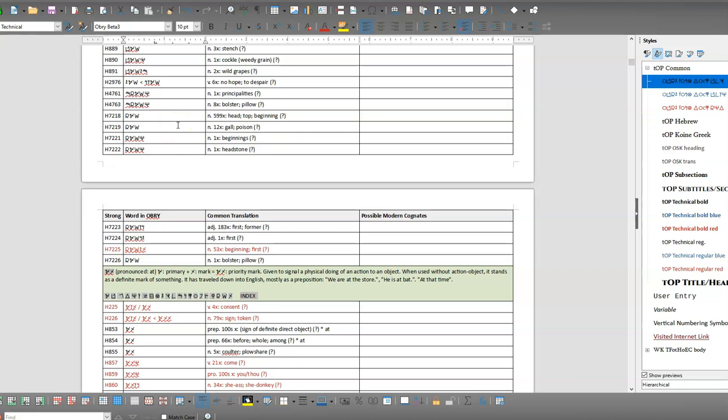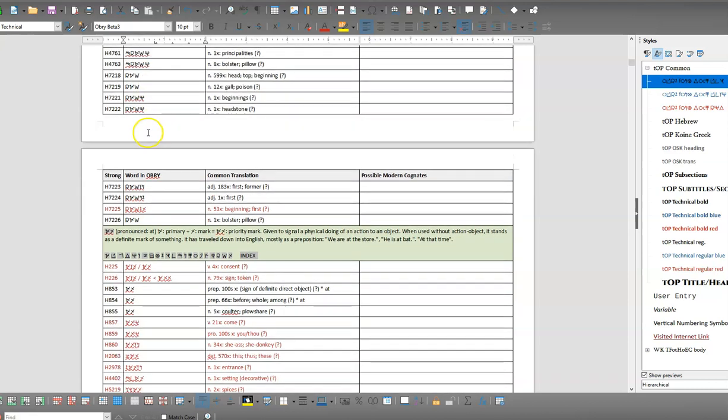If someone is being described, and something was done to a part of their anatomy, and the word Rosh is used, it does seem to be indicating their top or their head. Now, it occurs 12 times and is translated as gall or poison, which is really interesting. Don't know what that means, just telling you it appears as 12 times as Rosh. We also have 1 time Rashet with that feminine ending as beginnings. 1 time we have it being translated the same way, Rashet, as headstone.